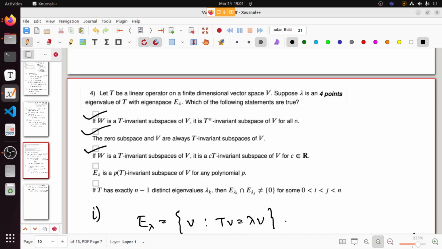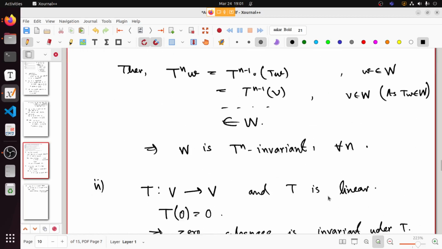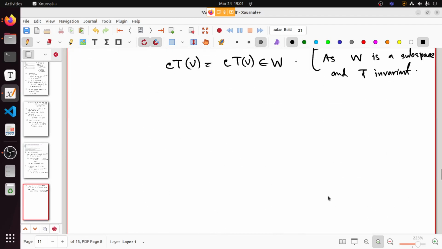Now come to option number 4. E lambda is a p(T) invariant subspace of V for any polynomial p. So what is E lambda? E lambda is the corresponding eigenspace. So you have to check that this E lambda is invariant under any polynomial of T. E lambda is all such v in V such that T v equals lambda v. And what is p(T)?